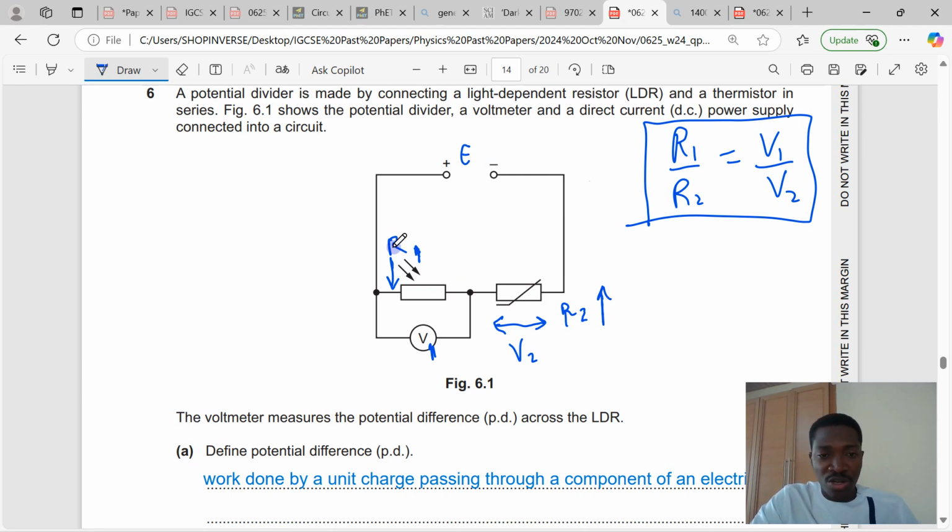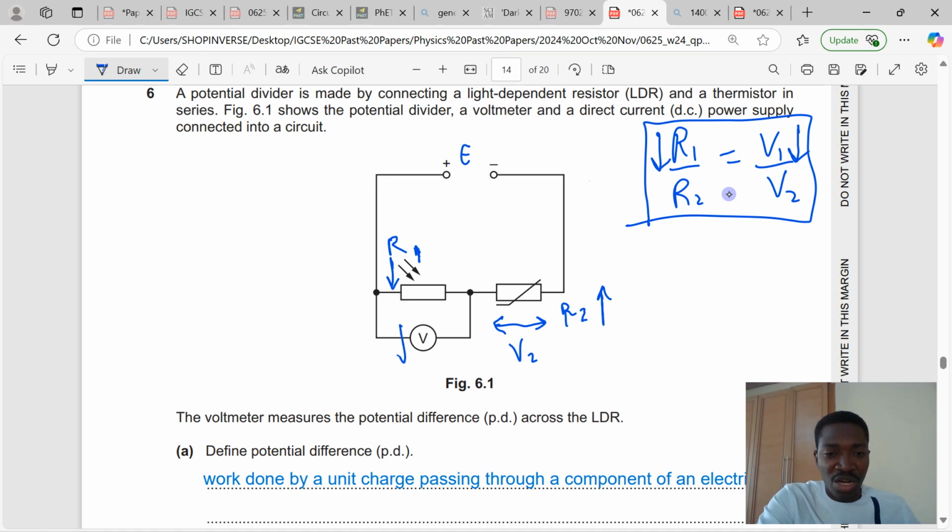So if the resistance of the light-dependent resistor is decreasing and the resistance of the thermistor is increasing, it simply means the voltage across the light-dependent resistor will be reducing in line with this formula. If resistance here is decreasing, voltage here will also be decreasing, and that's the reading on the voltmeter.